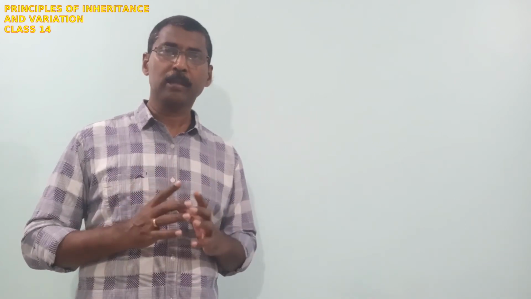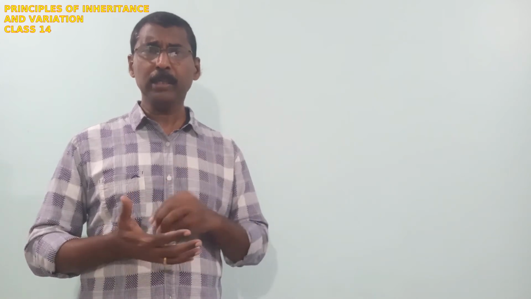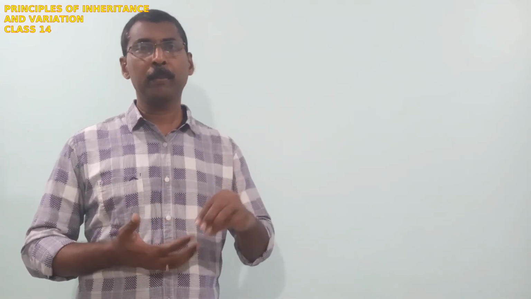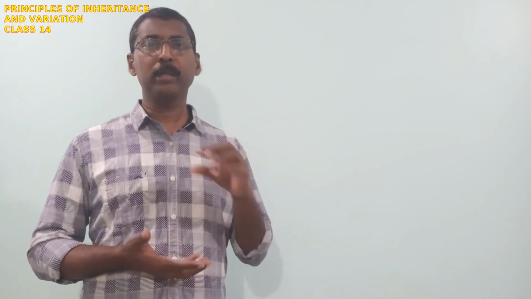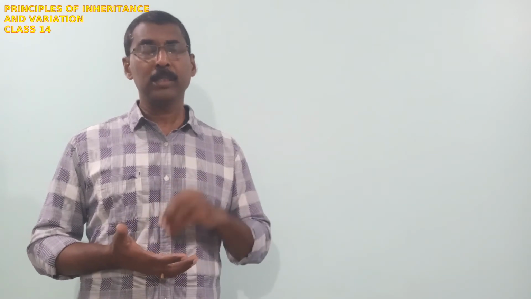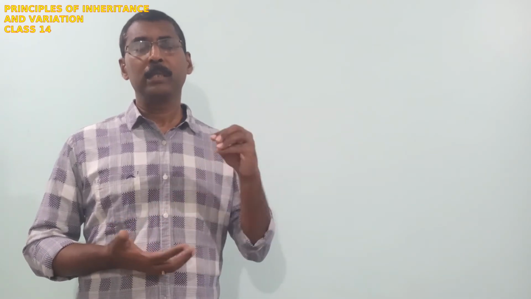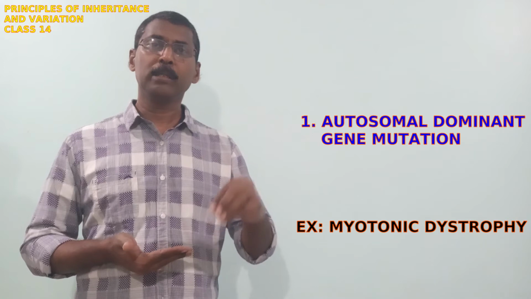We are discussing here two cases: a disease caused due to an autosomal dominant mutation, and a disease caused due to an autosomal recessive mutation. The first one is autosomal dominant mutation.